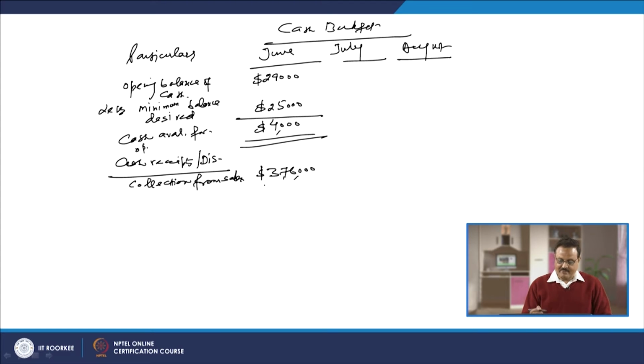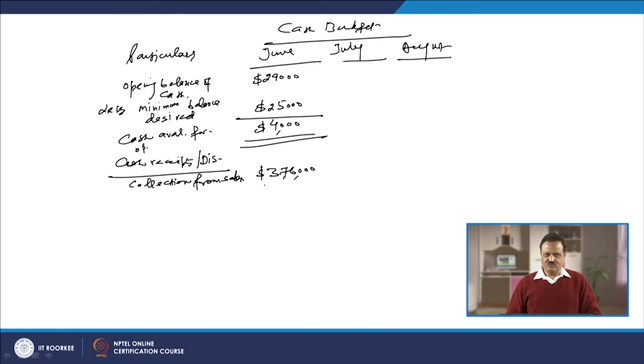So, how much amount you have available for all the payments? If you talk about 376,000 collection from the sales and 4,000 available after keeping the minimum desired balance of $25,000, the total amount available is $380,000. This month you can make the payments worth $380,000, which is available with us.